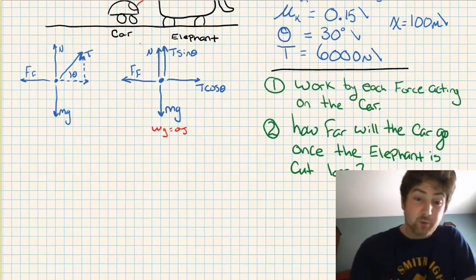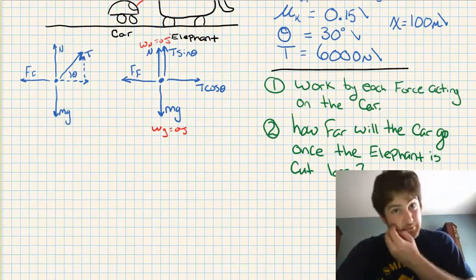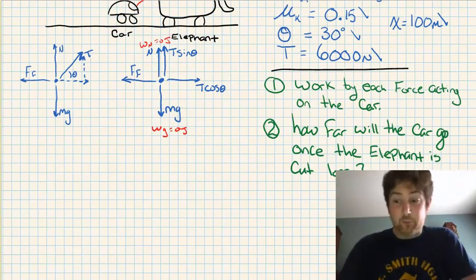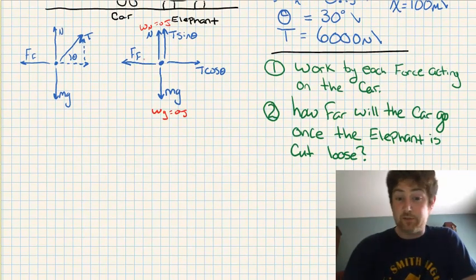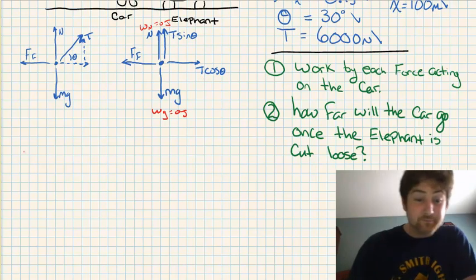The same thing for the normal force is 0 joules. No need to calculate those. If they're perpendicular to the motion, forming a 90-degree angle with the motion, they produce no work. So we're only left with force of friction and the tension.